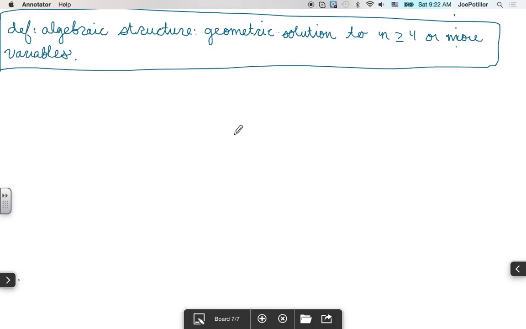And so your textbook gives you a fancy definition of, not a definition, but they'll show you what a general system looks like.